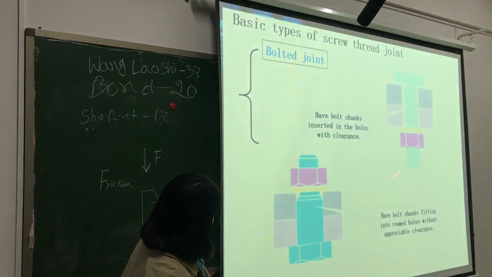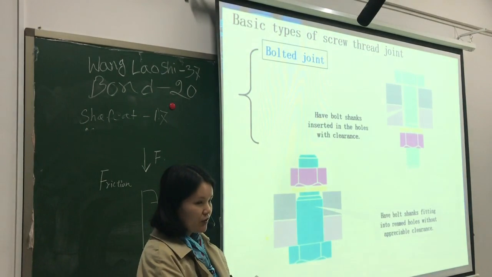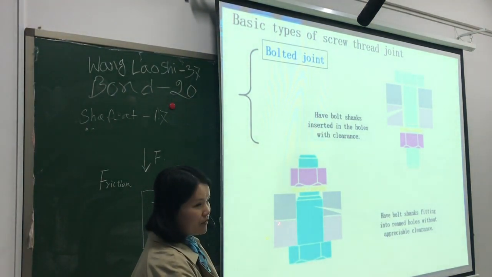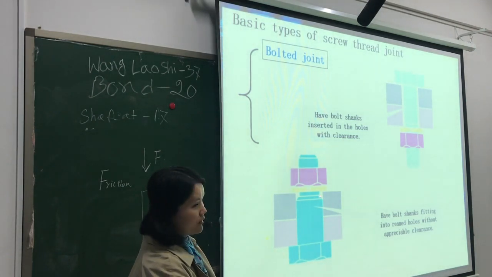Both the ordinary and the reamed bolted joints are used to join members of the same thickness, using through holes.